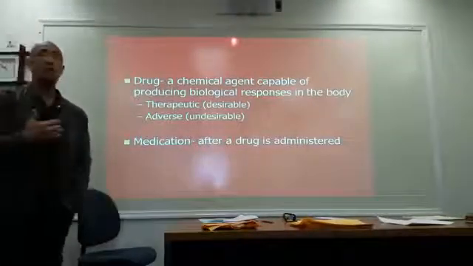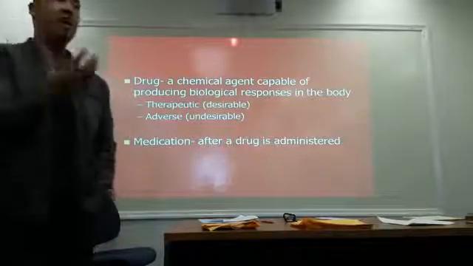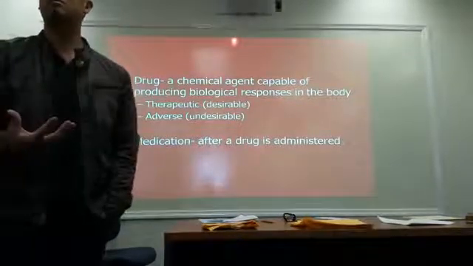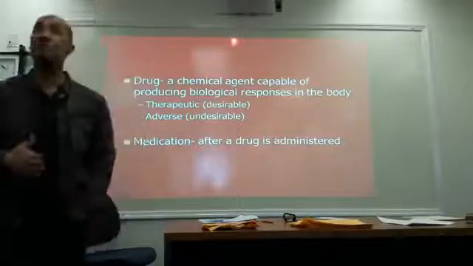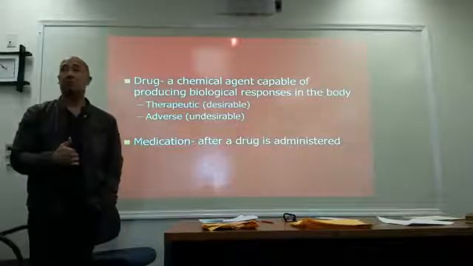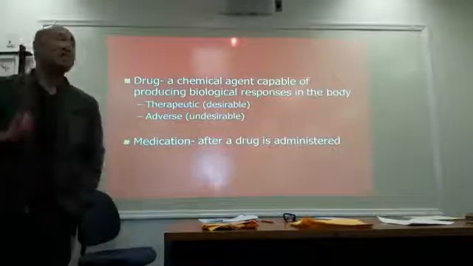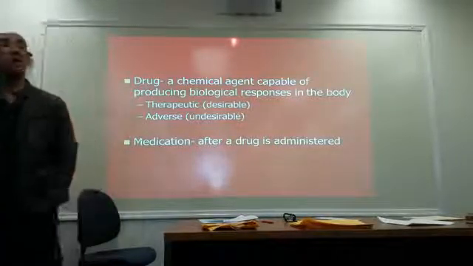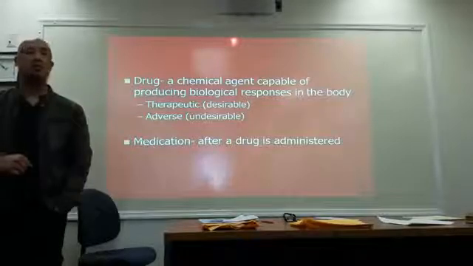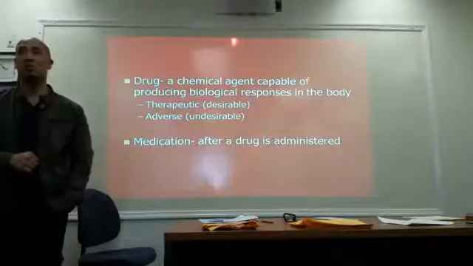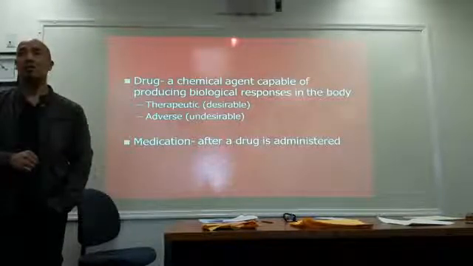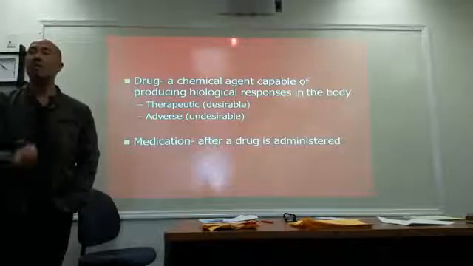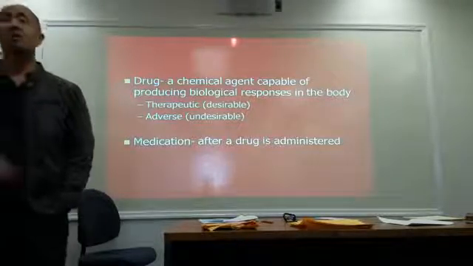When we're talking about drugs, drugs can provide positive results or can have negative effects. But a drug is any chemical that has the capability of causing these types of biological and physiological responses or changes. Again, I'm going to keep this very basic. So that's what a drug is.